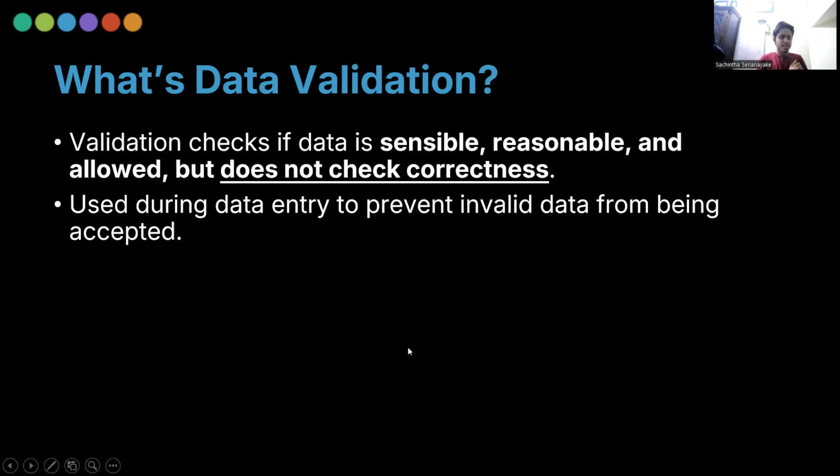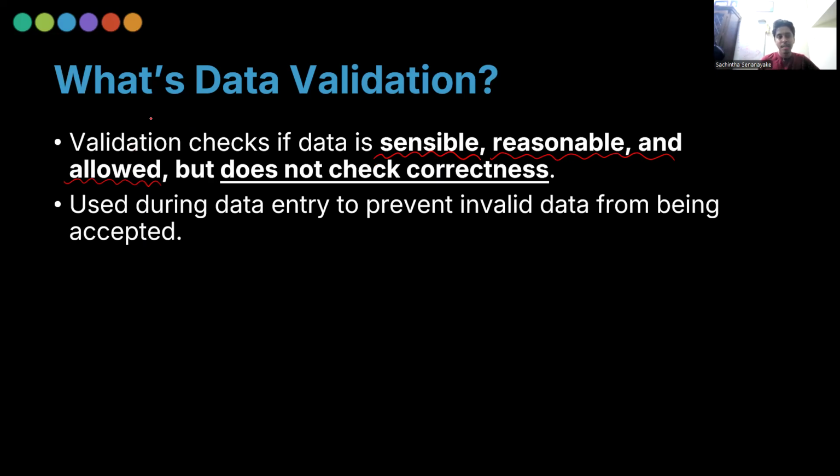What's data validation? Data validation is about checking whether the data is sensible, reasonable, and allowed. You can imagine that data validation is about checking if the data is in the right format, for instance. Just to take an example, let's say you're typing your date of birth when signing up to Facebook or Instagram, when you're making a new account.